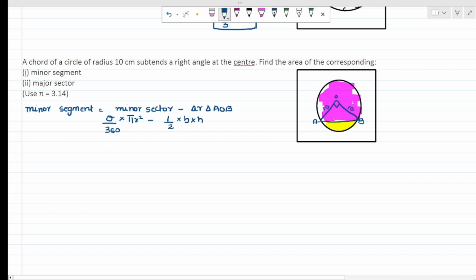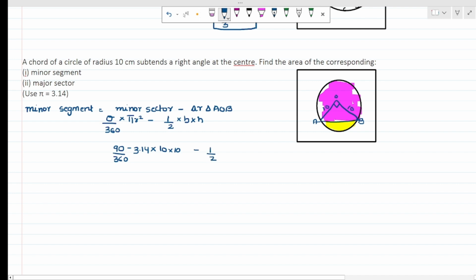Okay. So, what is my theta? As you can see over here, theta is 90 degrees. So, you will write 90 upon 360 times pi's value. As given over here, use pi is equal to 3.14. So, you will write 3.14 multiply by, what is my r? My r is 10. So, you will write 10 into 10 minus half into.